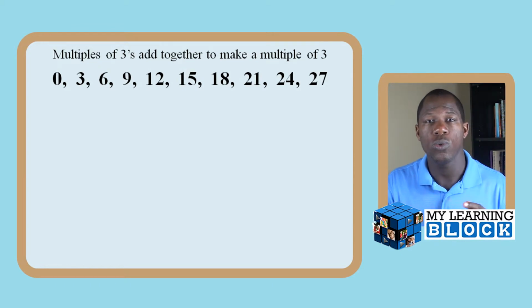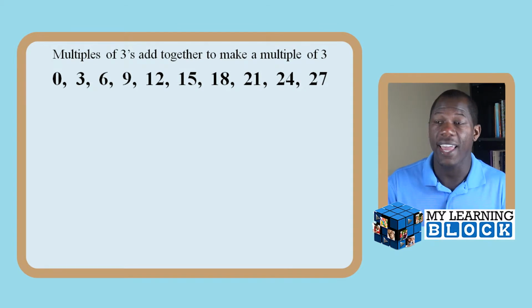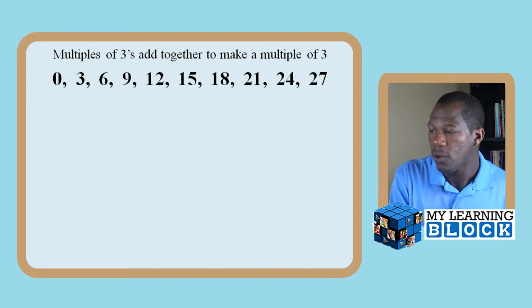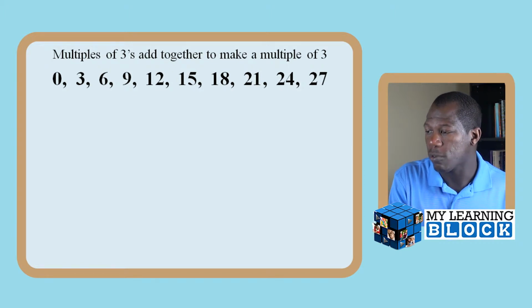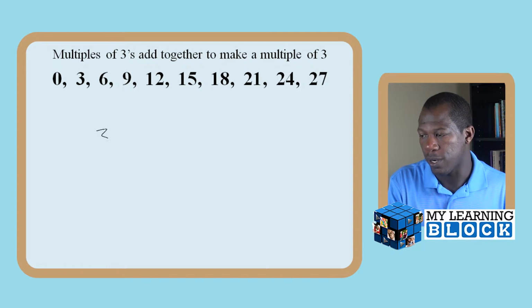These are some of the rules that your child can use to figure out whether or not the answer that they have is correct. So what I mean by that, multiples of 3s add together to get 3. If you look at it, 0, 3. Good. 6 is a multiple of 3.